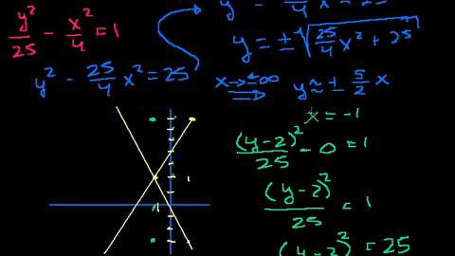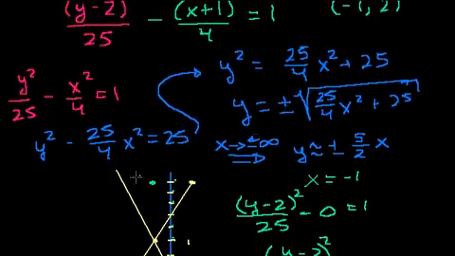The other way to think about it is that when you take the positive square root, the top line, you're always going to be a little bit above the asymptote.